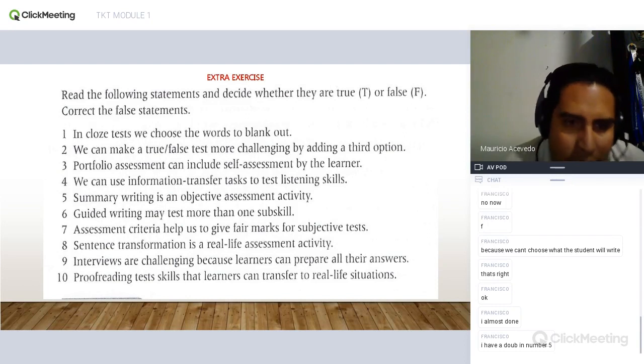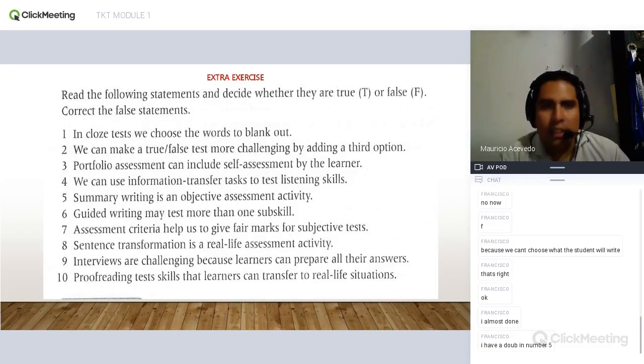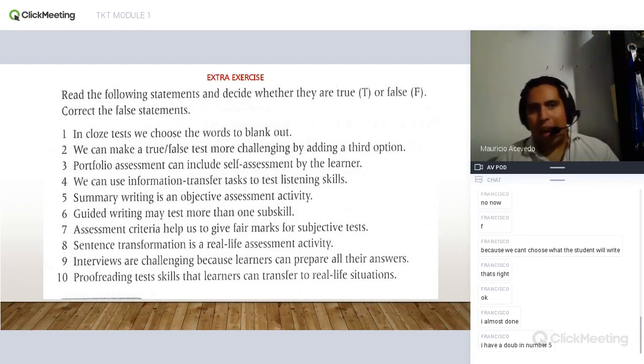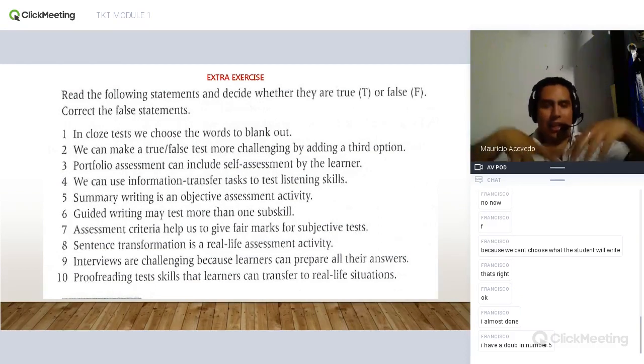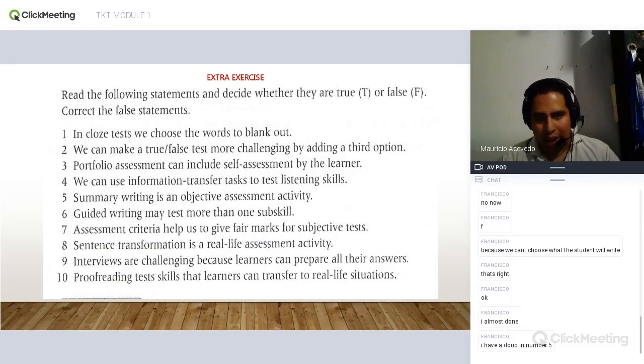Summary writing is an objective assessment activity. You told me that you didn't see the video on objective and subjective, right? So objective is mainly when we have an evaluation which is concrete, like a test, where you will have a grade. And subjective is the opposite, when we don't have a grade, when we just think and say that's correct, but we don't give an exact explanation of why something is correct.